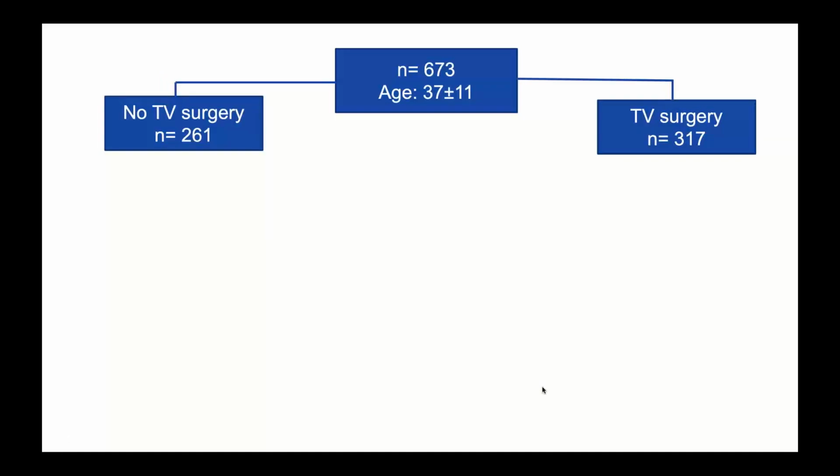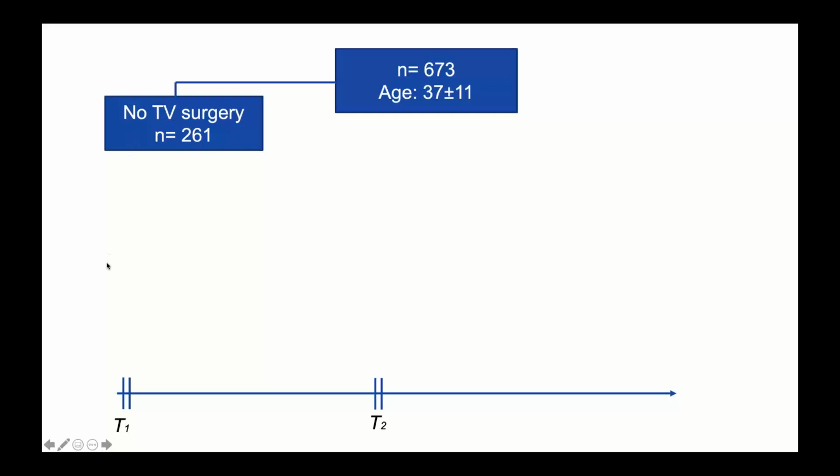So going back to the patients, in the course of follow-up, 317 underwent tricuspid valve surgery, while 261 had no surgery but had multiple echoes during follow-up. For now, let's ignore the people that had surgery. For these other patients, we assessed the echo and clinical status at baseline.